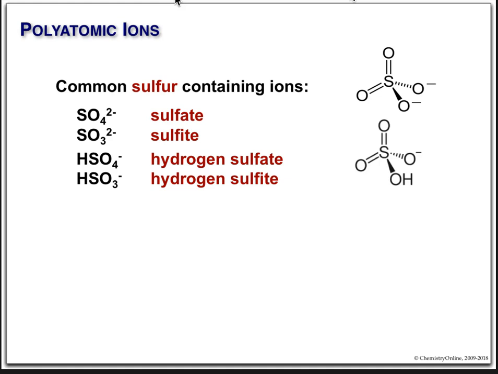If we do that as a polyatomic ion, we simply stick the word hydrogen in front and then the ion. So this is sulfate, this is hydrogen sulfate. Sulfite would be SO3, hydrogen sulfite, HSO3.